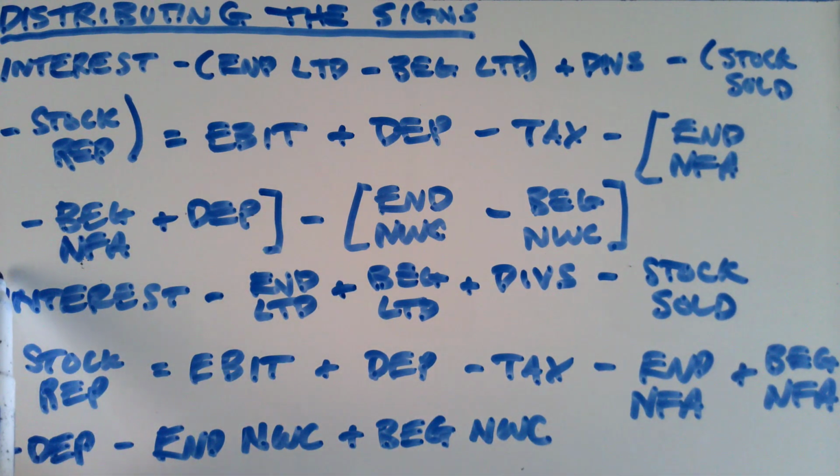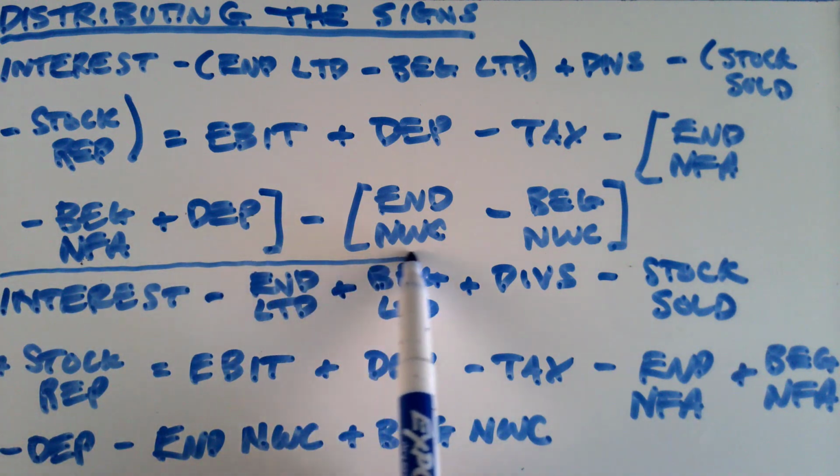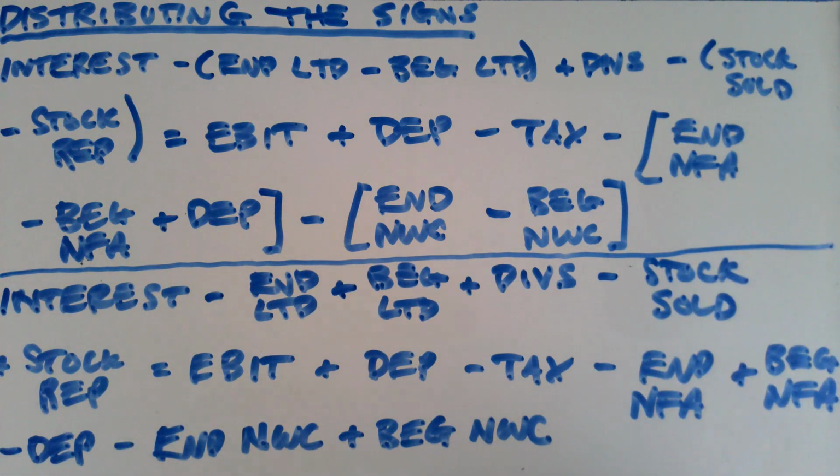Okay, I'm going to draw a line here just so we don't get confused as to what is what. This is the same equation. All I've done is distributed the signs.